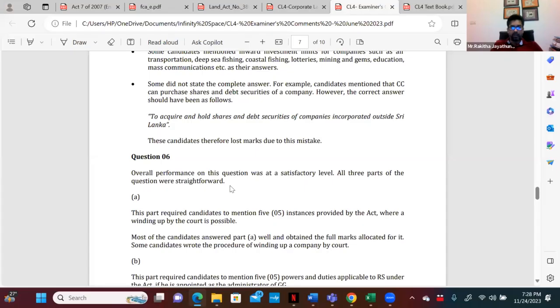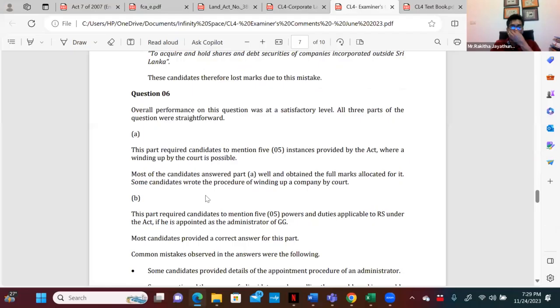Question number 6, overall performance of this question was satisfactory. All three parts of the questions were straightforward. Absolutely. 20 marks. This part required candidates to mention 5 instances provided by the Act where a winding up by the court is possible. Most of the candidates answered part A well and obtained the full marks allocated. Some candidates wrote the procedure of winding up a company by court.